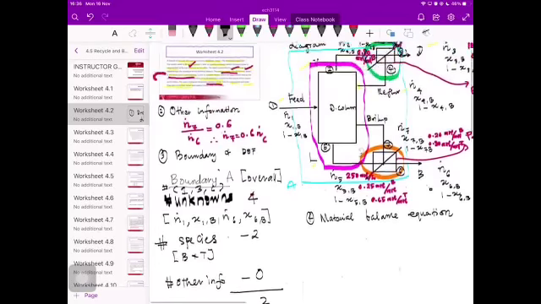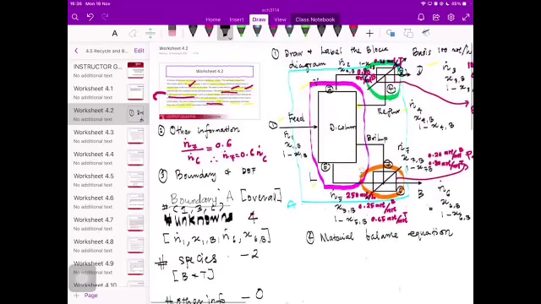So within the column, we have the unknowns N1, X1, N2, X2 is known, N4, X4, N5 is known, X5 is known, N7 unknown, X7 is known.